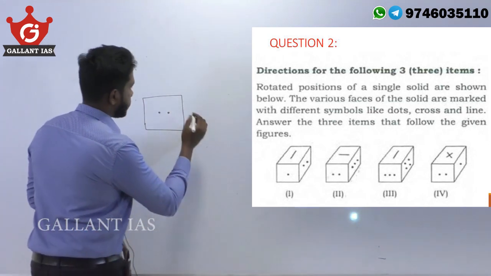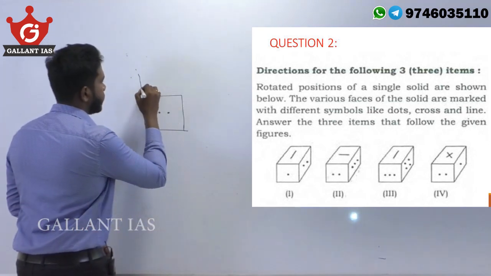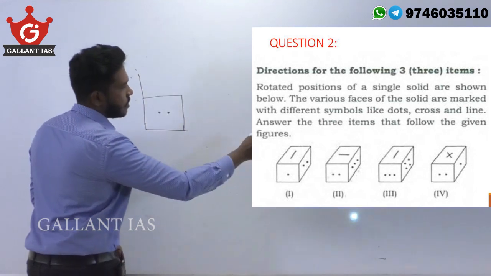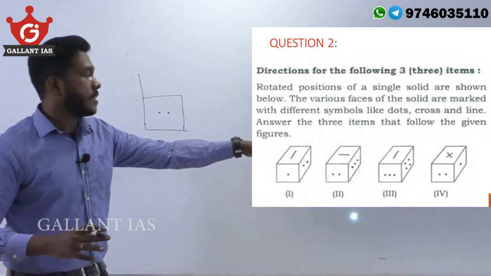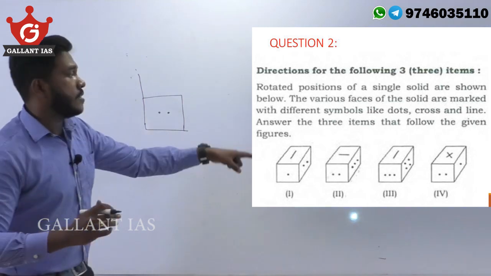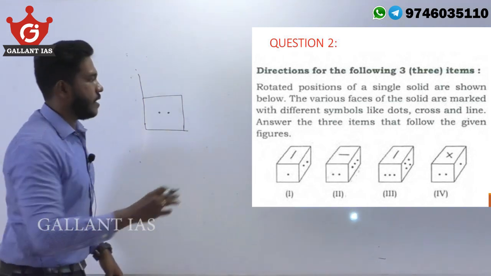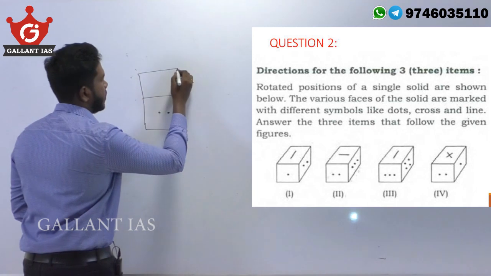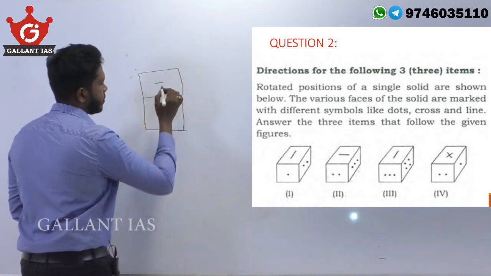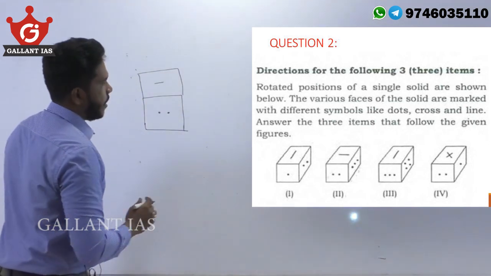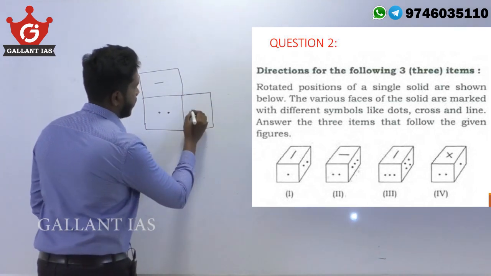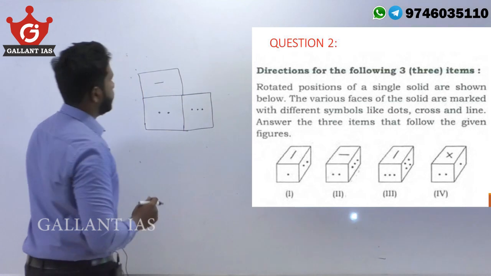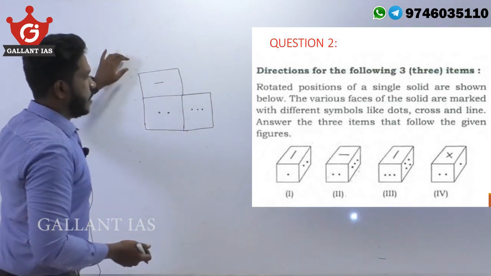So you should draw the line as well as the face containing 3 dots in such a way that it is adjacent to 2 also. Okay. So I am going to draw line here, and I am going to draw the face containing value 3 here. Got it.